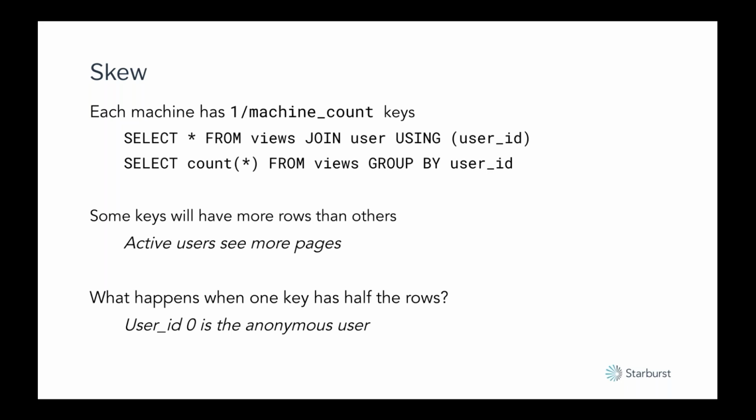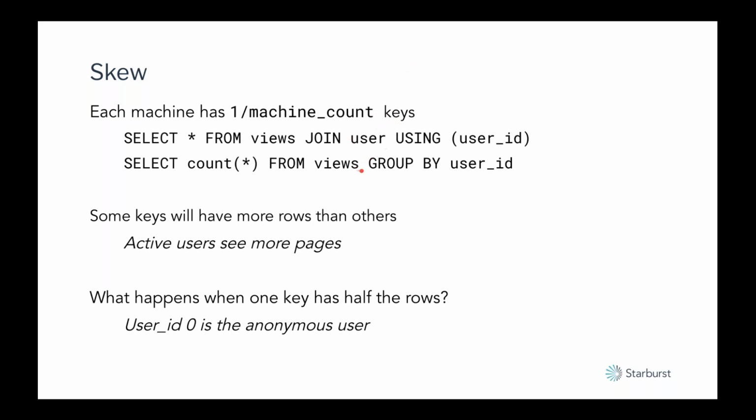So the assumption of your build is that you're distributing on something that actually has a fairly even distribution. And therefore, when we're doing a join on users by user ID, every machine's going to end up with basically the same amount of rows.